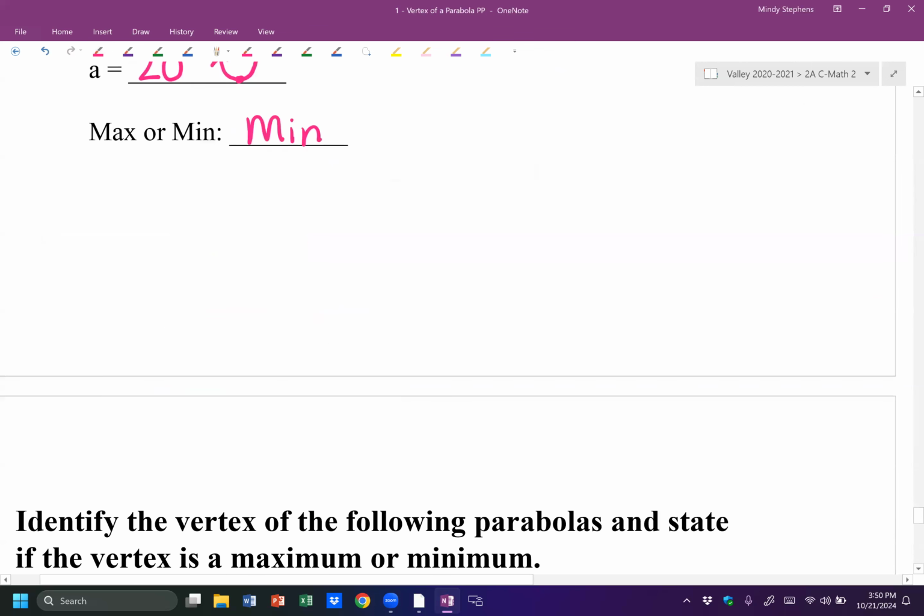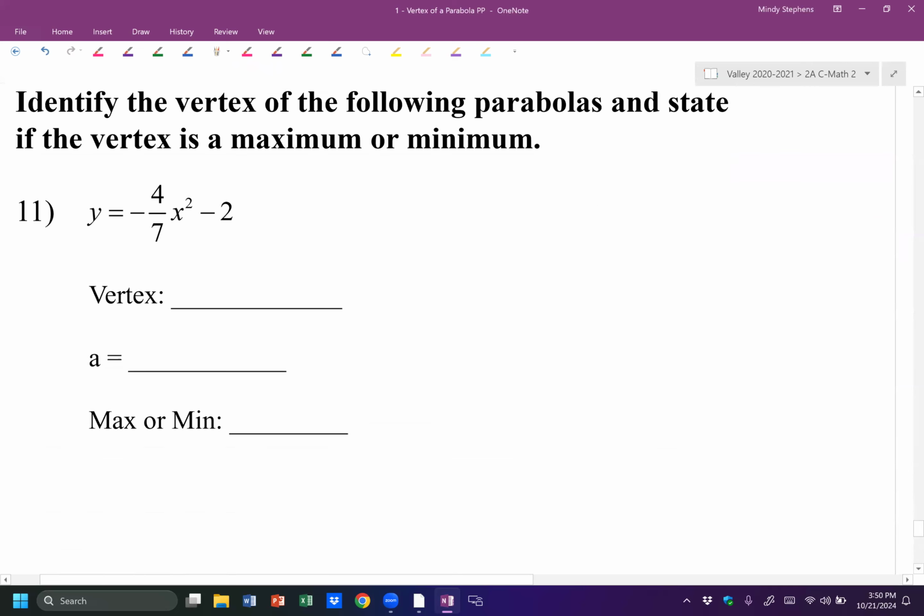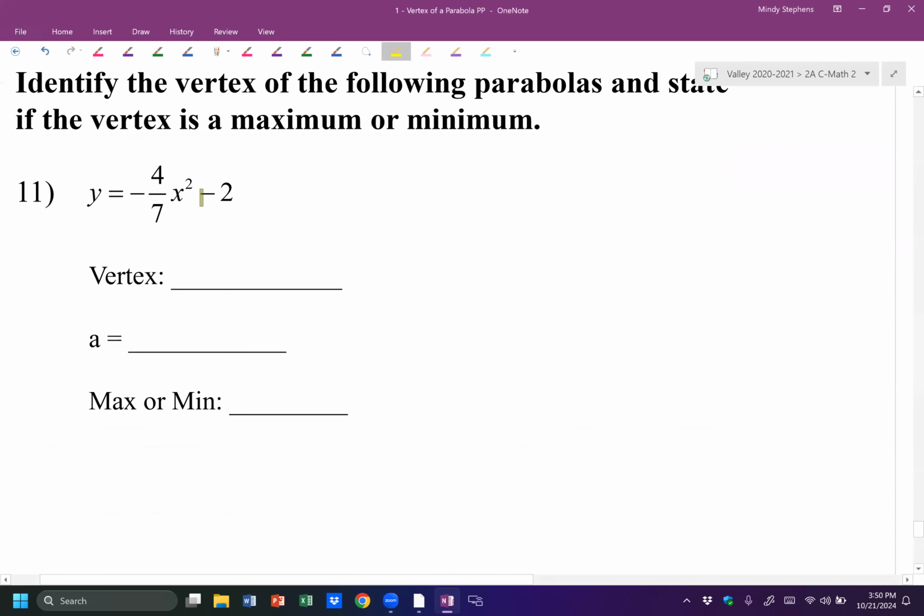Okay, these last two have one more thing that's a little bit different. You'll notice we have this minus 2, but with the x, there's a missing number. So really, this should look like this. And I want you to write this off to the side. So y equals negative 4 over 7. And we should have something in parentheses squared with the minus 2 outside.